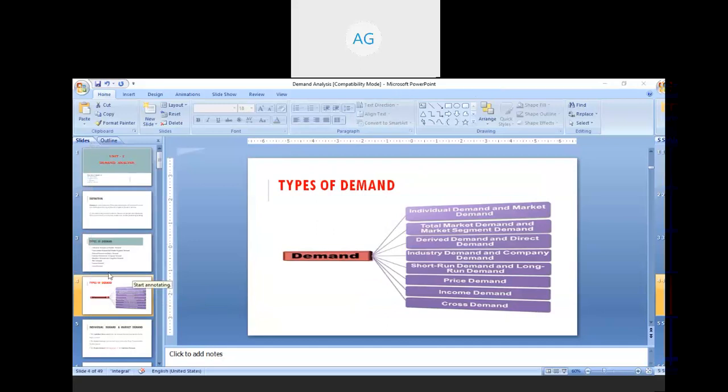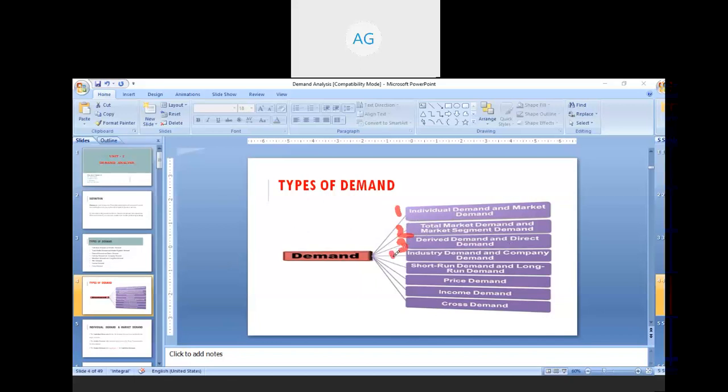So what are the types of demand? They are categorized into 8 major categories. Although there are more categories than this, these are the major ones. First is individual demand and market demand. Second is total market demand and market segment demand. Third is derived demand and direct demand.